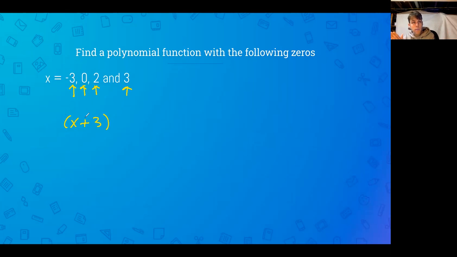And then when we multiply by the other factors, obviously multiplying by 0 turns everything to 0. This one, x minus 0, or just x, would give us a factor. 2 would be x minus 2, and 3, x minus 3. So this is the factored form.